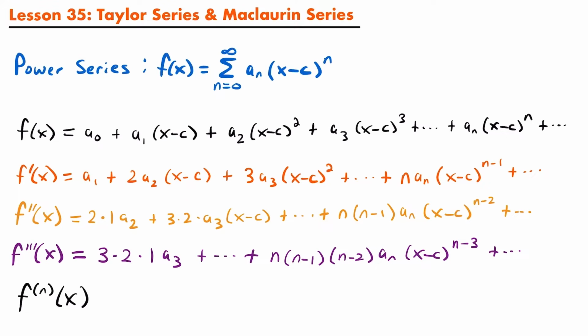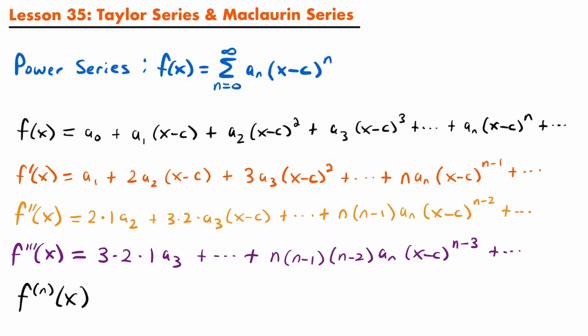If we kept taking derivatives until we got to the nth derivative, this term would be the first term of that derivative, and it would be a constant. We would have n minus n as the power of x minus c. Okay, and so we would have a bunch of constants times a sub n, and then x minus c to the power of n minus n.